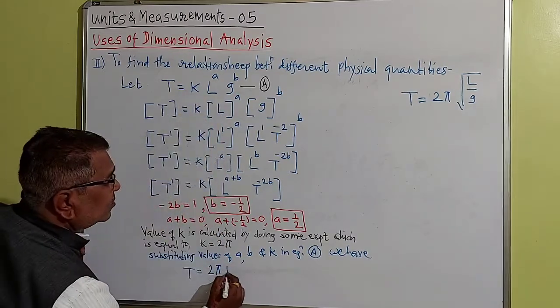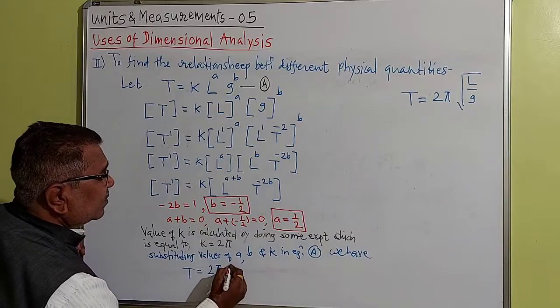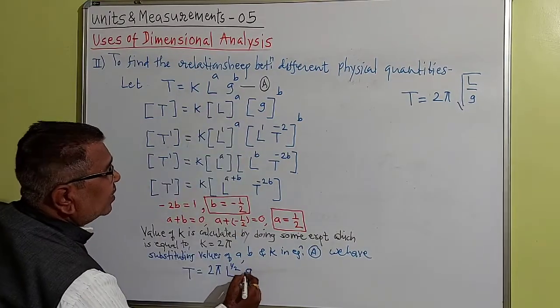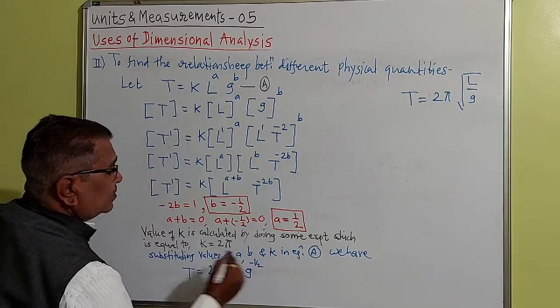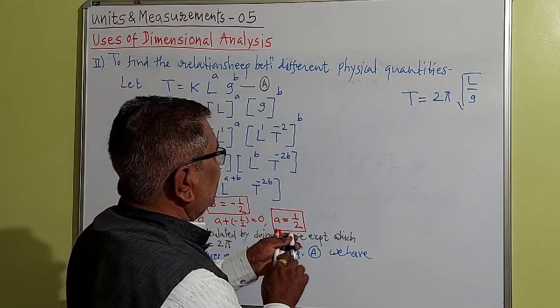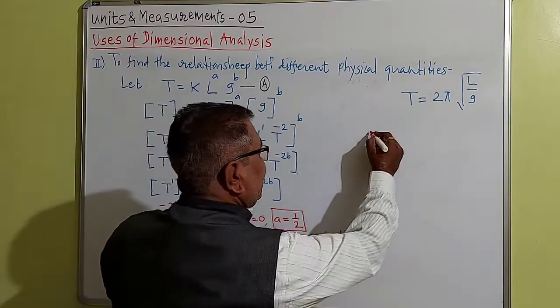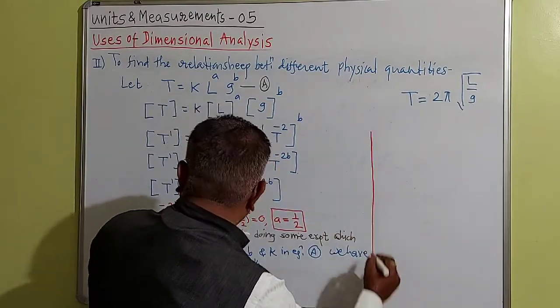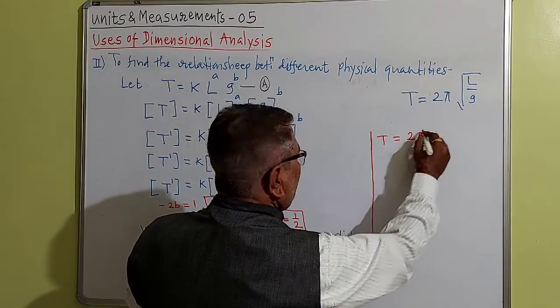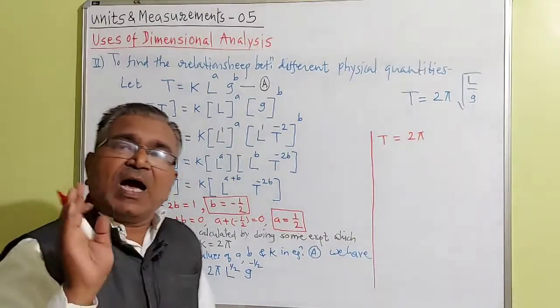L to the power a, which is 1/2, and g to the power b, which is -1/2. This may be written like this: T = 2 pi L^(1/2) g^(-1/2).